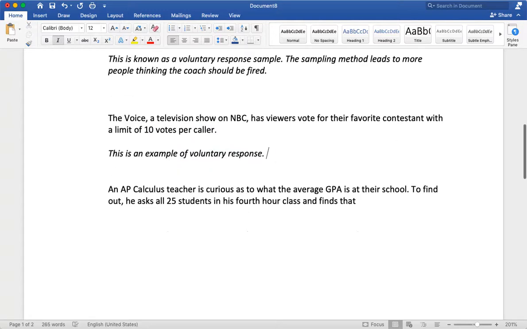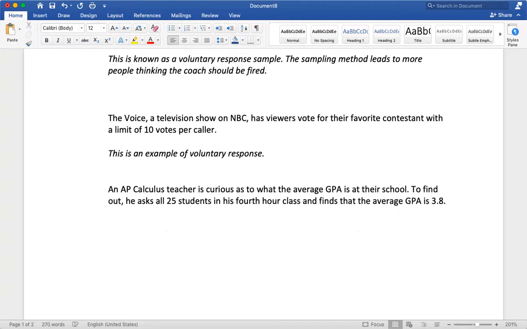All right, our last example: an AP Calculus teacher is curious as to what the GPA is at their school. To find out, he asks all 25 students in his 4th-hour class and finds that the average GPA is 3.8.